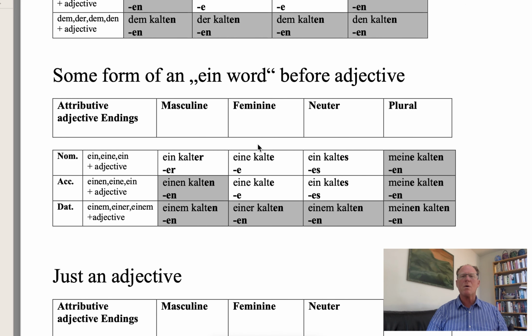Now, for an ein word before an adjective, you will see the same pattern for en endings. So kind of the rook of a castle, you can memorize that if you would like for the en endings. That could be helpful.